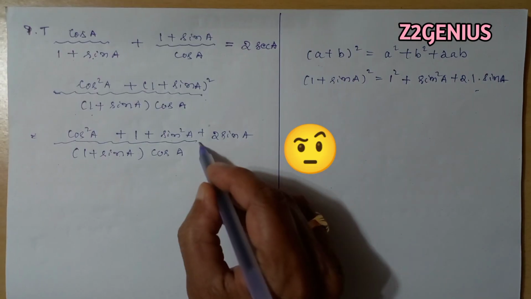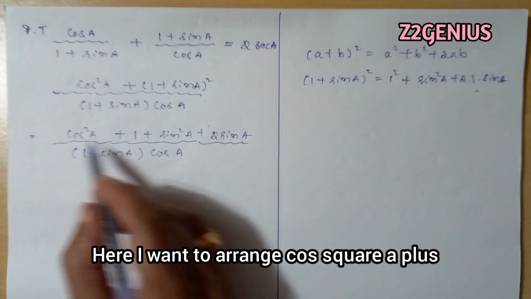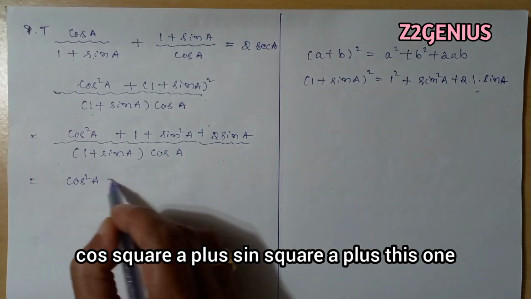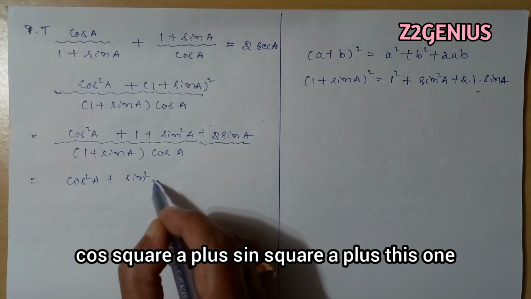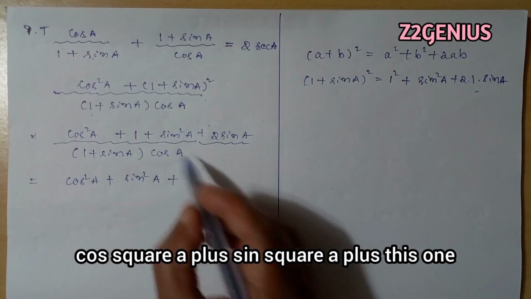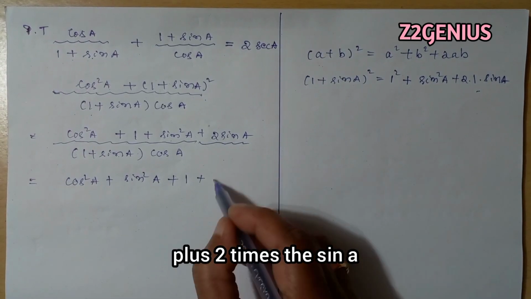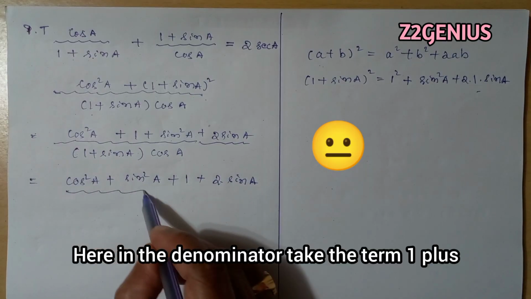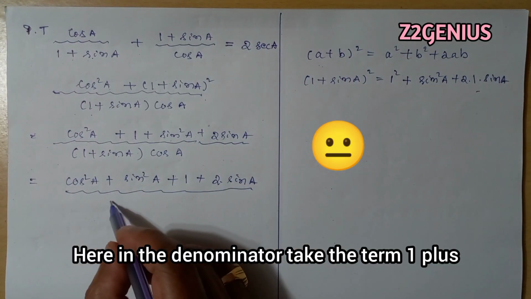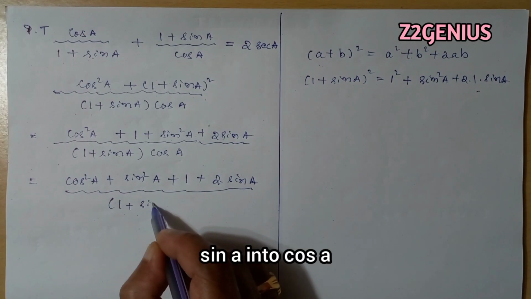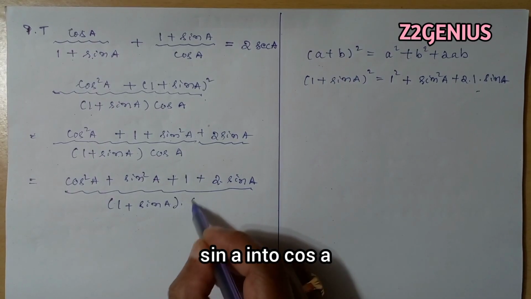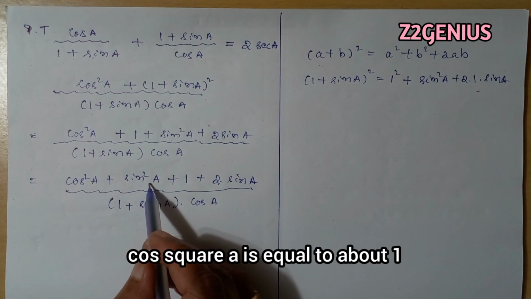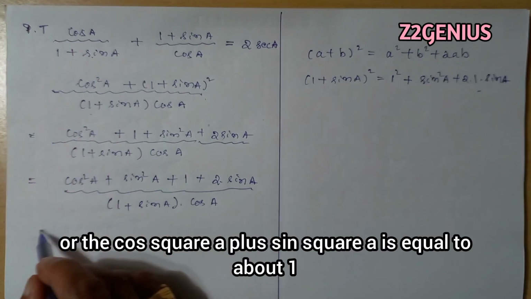Here I want to arrange cos square A plus sin square A on one side: cos square A plus sin square A plus this 1 plus 2 times the sin A. Here in the denominator, take the LCM, 1 plus sin A into cos A. You know that identity, sin square A plus cos square A is equal to 1.